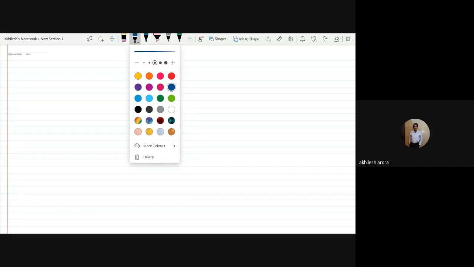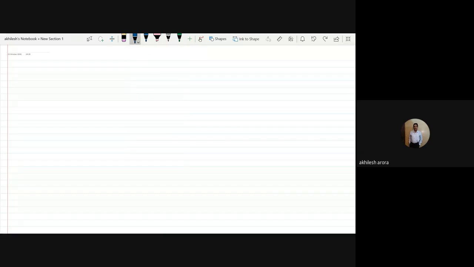Okay, so in the last class we have discussed various psychrometric properties. Now what are those psychrometric properties which we discussed? One was dry bulb temperature. It is denoted as T. Number two is dew point temperature.